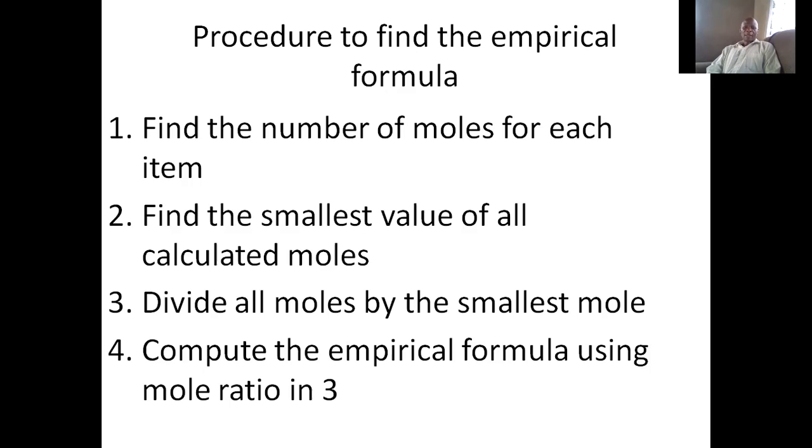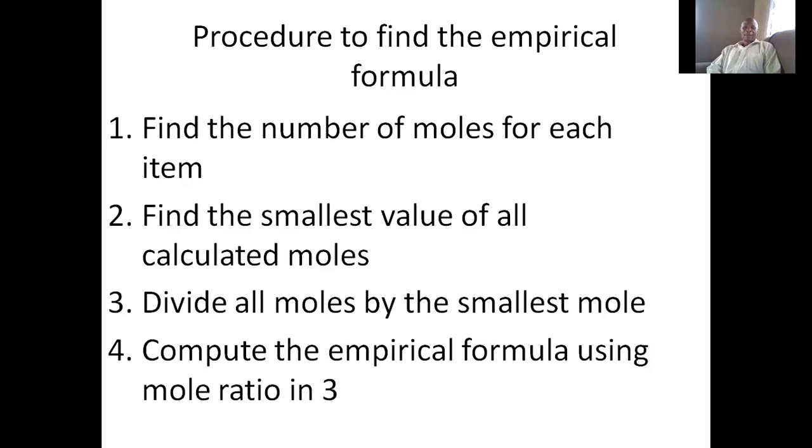Firstly, we find the number of moles for each element. If we are given a sample, we look at the number of moles. Secondly, we find the smallest value of all the calculated moles. So when we find the number of moles, we identify the smallest one.